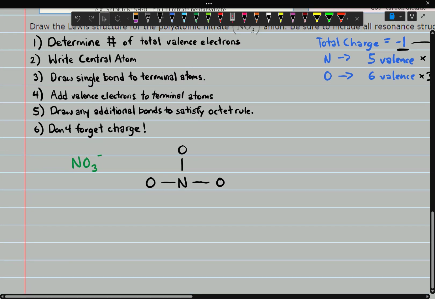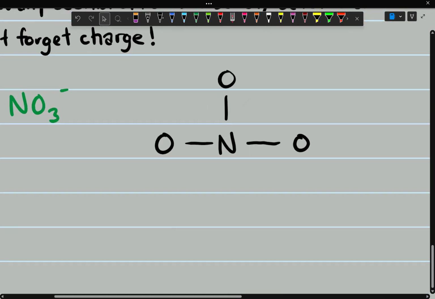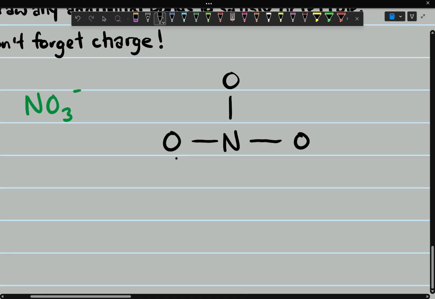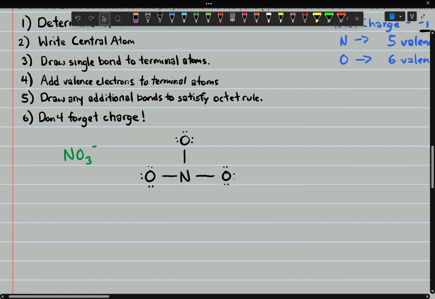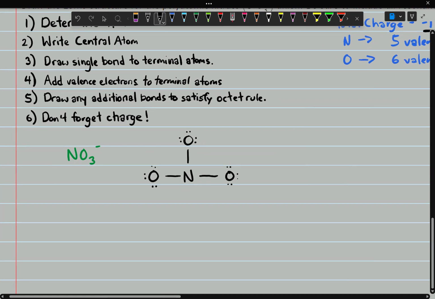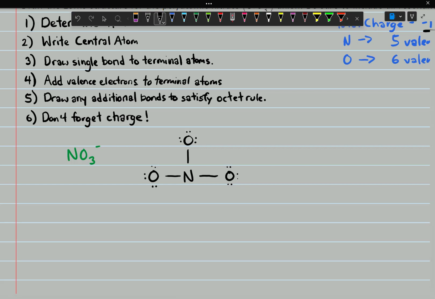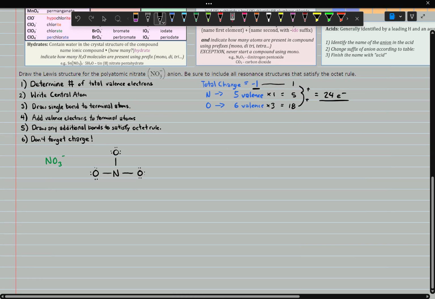And then we will add valence electrons to our terminal atoms. So we already have 2 electrons in this single bond that we've created, so we just need 6 valence electrons to add on to these. And now we're on to step 5, which is draw any additional bonds to satisfy octet rule, and also satisfy the number of valence electrons we need, which is 24.